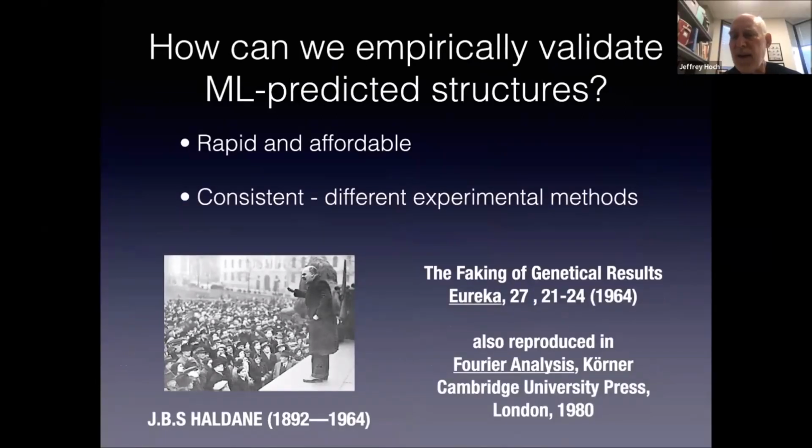So I just want to wrap up here with a couple slides about an approach for how to validate machine-learning predicted structures based on Bayesian analysis, but it's also based on a really astonishing essay that was written by J.B.S. Haldane. You will remember he was a biochemist.